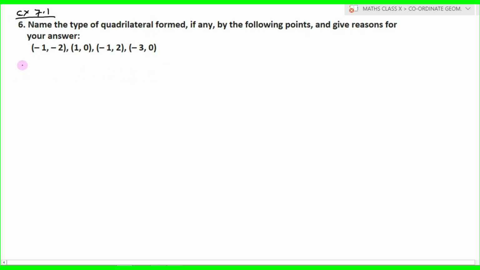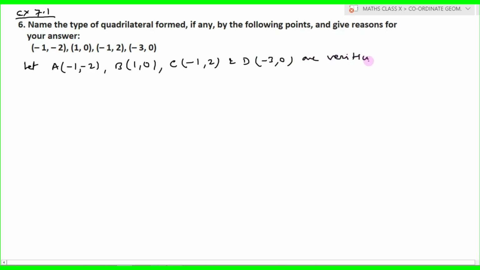So first of all, we have to consider the 4 different points as the vertices. So let the point A is -1, -2, point B is 1, 0, point C is -1, 2, and D is -3, 0, are vertices of quadrilateral ABCD.